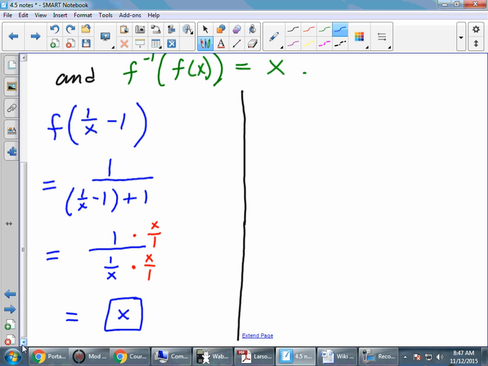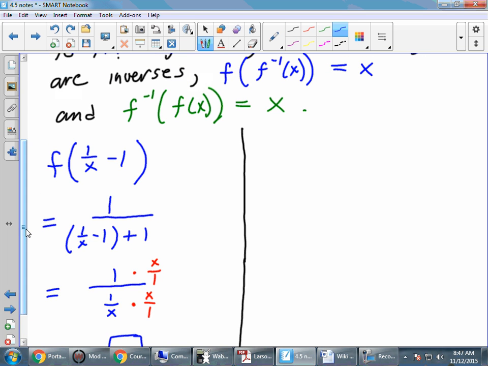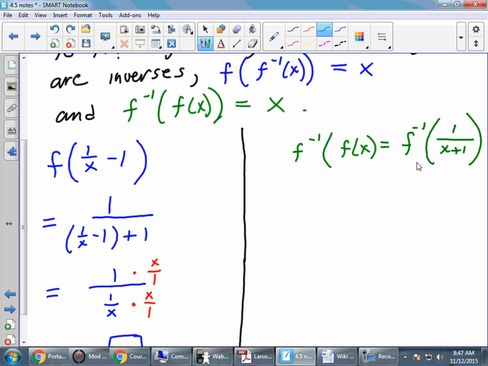Okay? So for this side, we have to say, where's my green? Got green. For this side, then, we have to say f inverse of f of x, and that's going to equal f inverse of, this time, let's do the other one, 1 over x plus 1. And again, you can do either one, you know. It's fine. Either one.